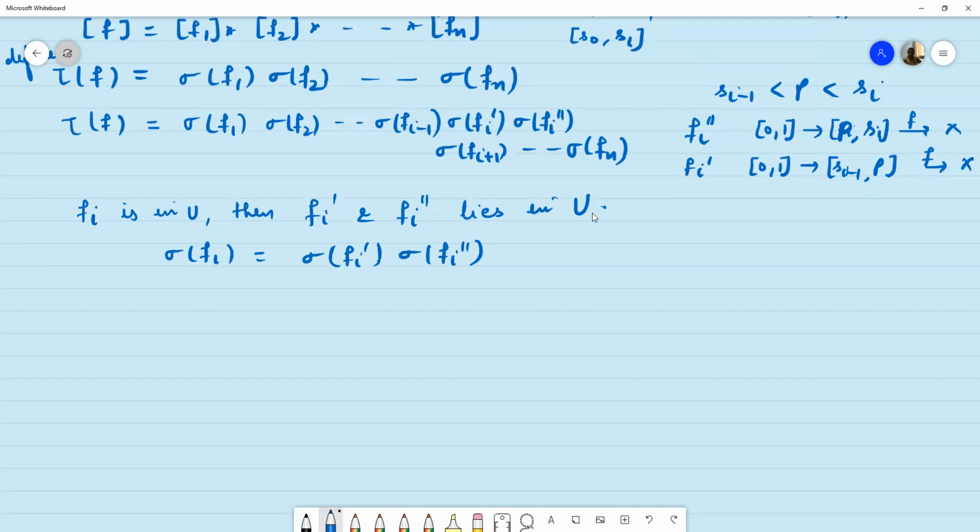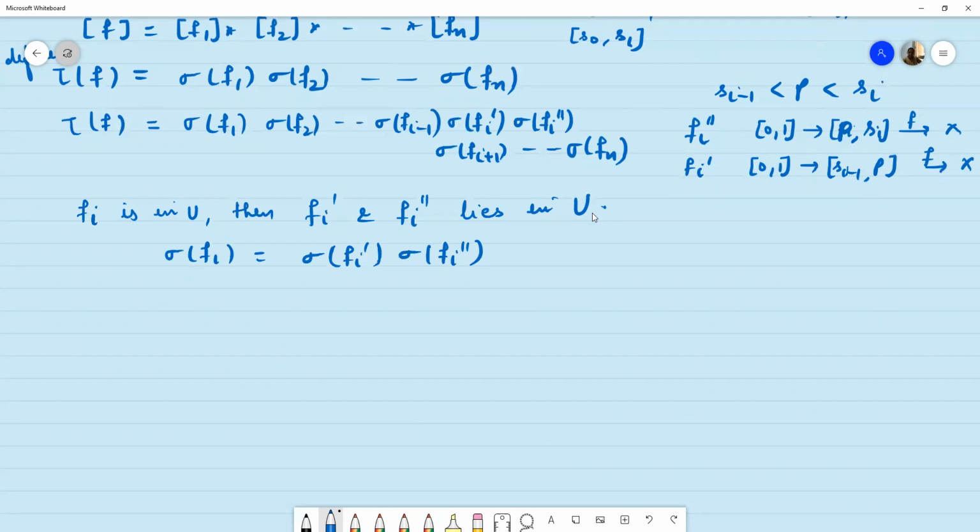By the definition of tau, we can easily check that this is an extension of sigma, because if f is a path completely lying in either U or V, then we choose the trivial partition, which is [0, 1] itself. In that case tau f will be sigma f.